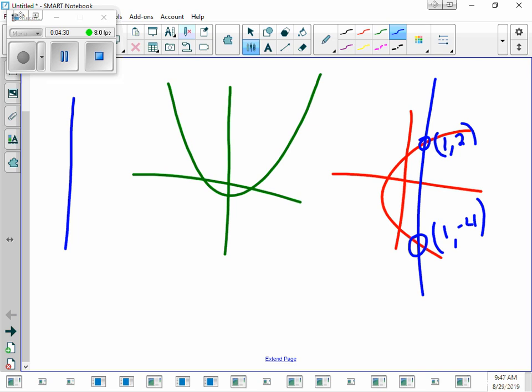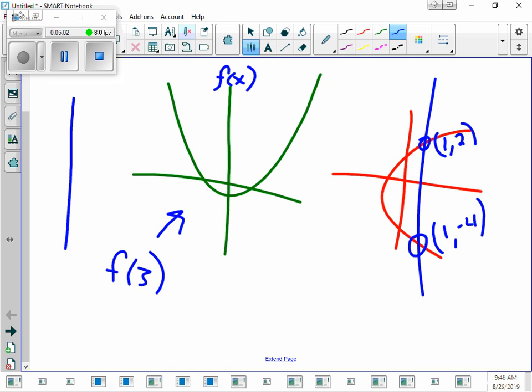Not a function. Okay. What if, going back here, I asked, what is f of 3? What does that mean? What does f of 3 mean? Any idea? If this is the function f of x, what would f of 3?